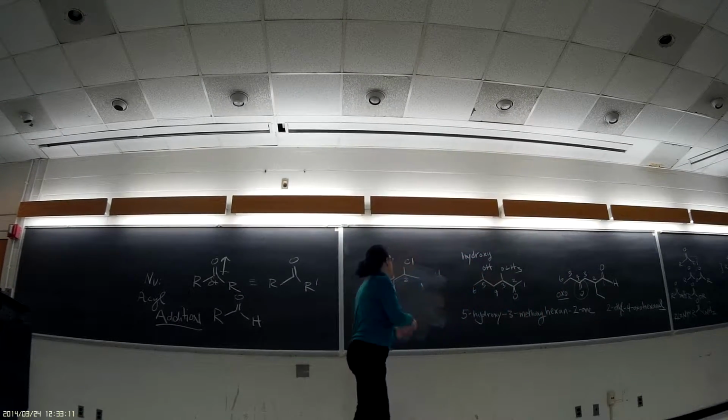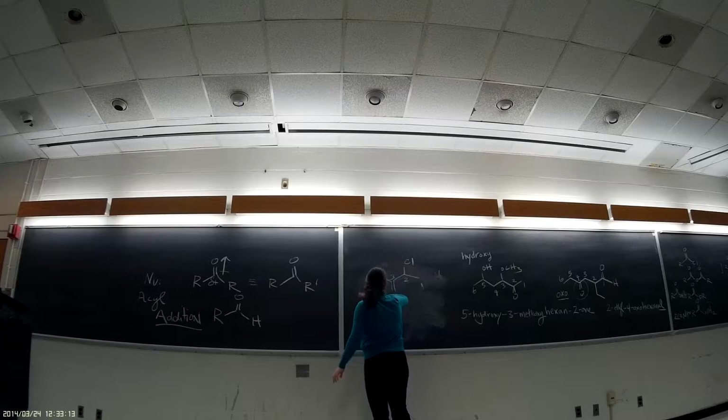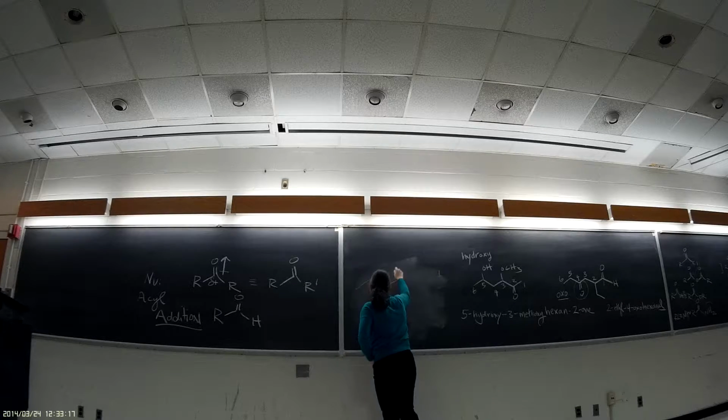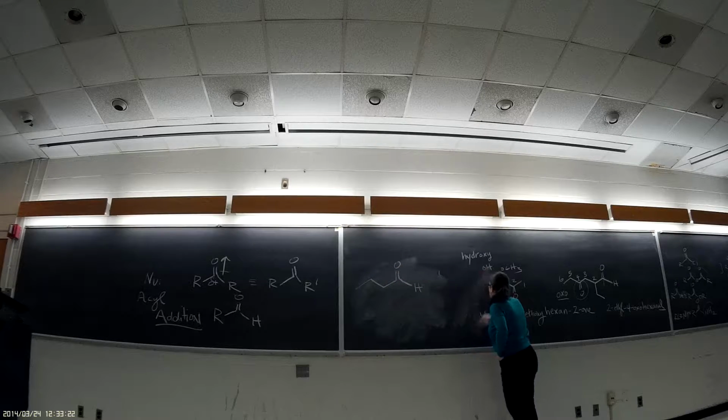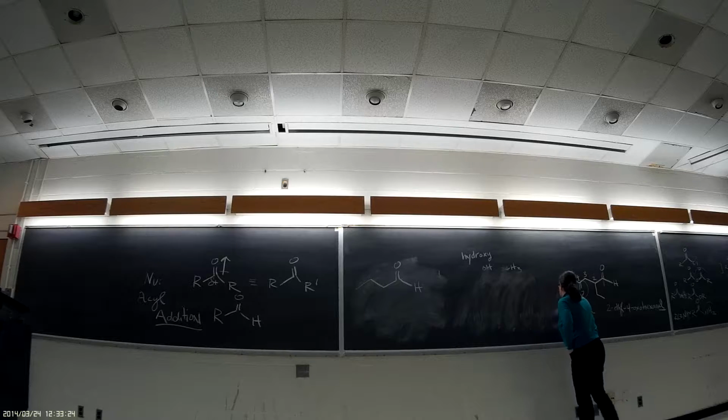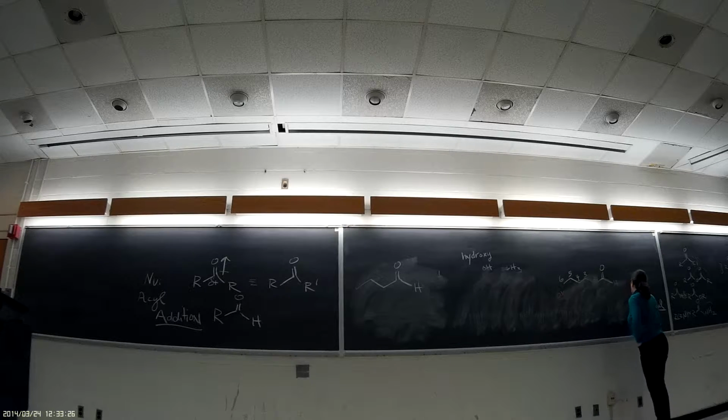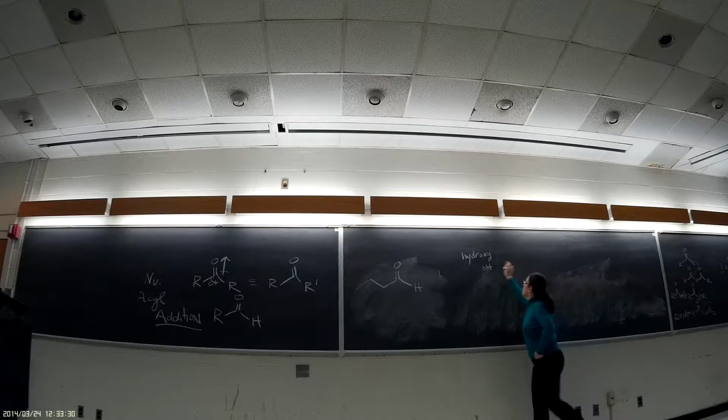Okay, all right. So one thing to note here is that these ketones and aldehydes have sp2 centers. These sp2 centers are not maintained when you do addition chemistry. Okay?